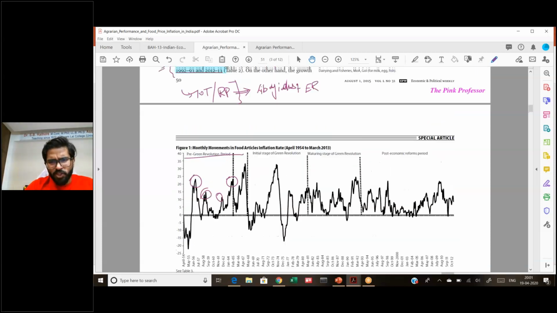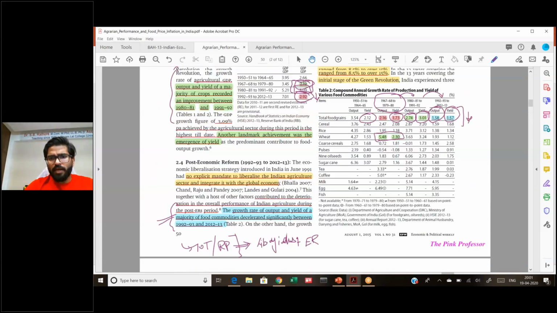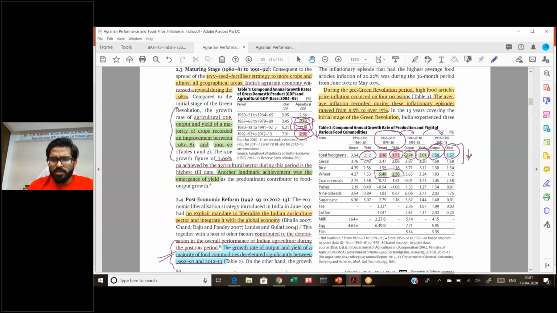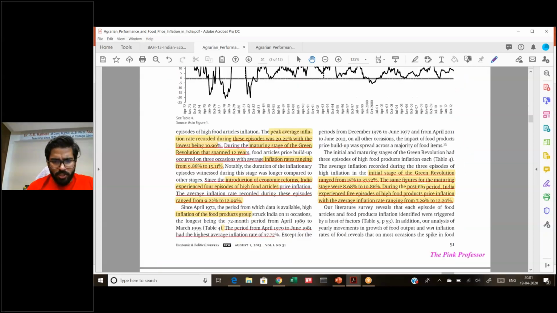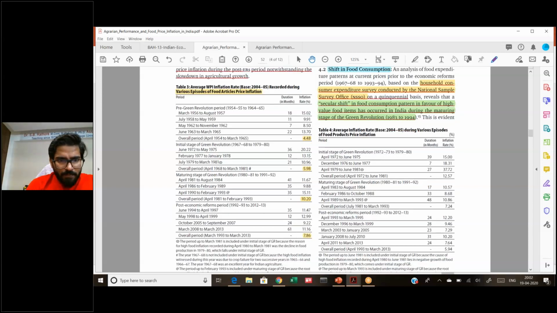And if you see the average inflation recorded in these episodes, it ranged from 8.5% to 15%. All of this is also recorded in Table 3. This is the period that we are talking about, and these are the four phases of high inflation, and the range is from 8.5% to 15%.